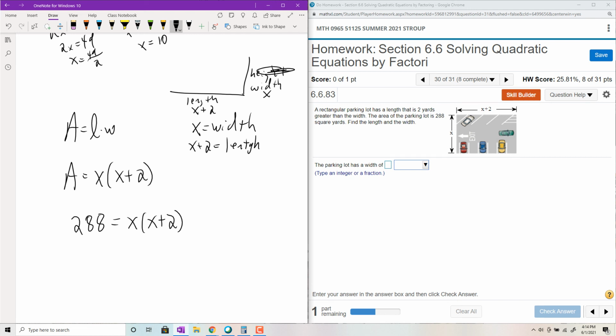All right, so it'll come down to solving this equation. So you got to set it equal to 0. Okay, so we got x squared plus 2x. Subtract the 288 over to get it equal to 0. Okay. Then factor it.